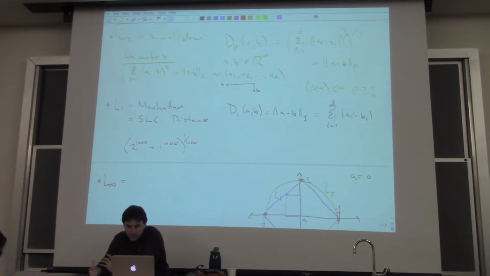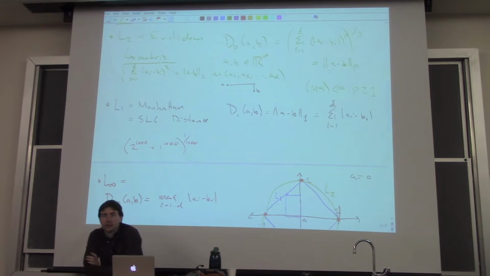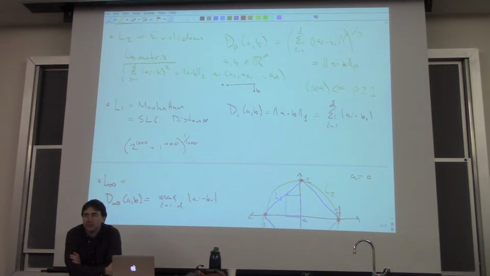So instead of writing it as 1,000, we write it in the limit case. We'll say that D infinity of A, B is going to be the max over 1 to D of the absolute value of A_i minus B_i. So it's the maximum difference of any coordinate.